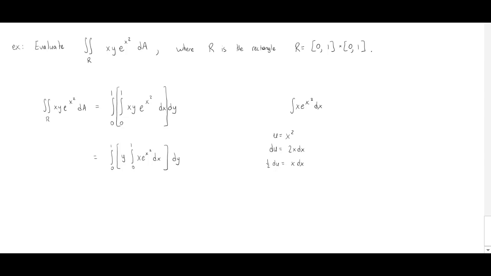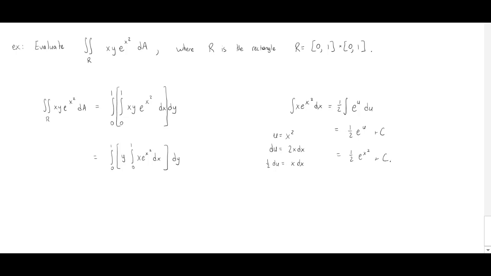So this integral, we have e to the u, and then we replace x dx with the 1/2 and the du. So that's just going to be 1/2 e to the u, where u was x squared.